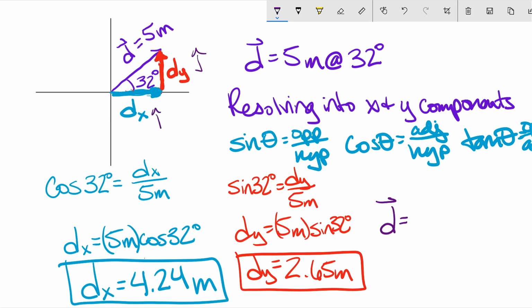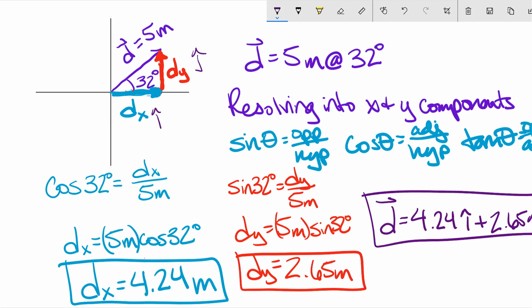So if we're going to write it in ijk notation, we would write this as 4.24 i hat plus 2.65 j hat. So now we've got another way to represent this same vector up here. Both of these are equivalent. These are both vector D. We're just representing them in different notations.